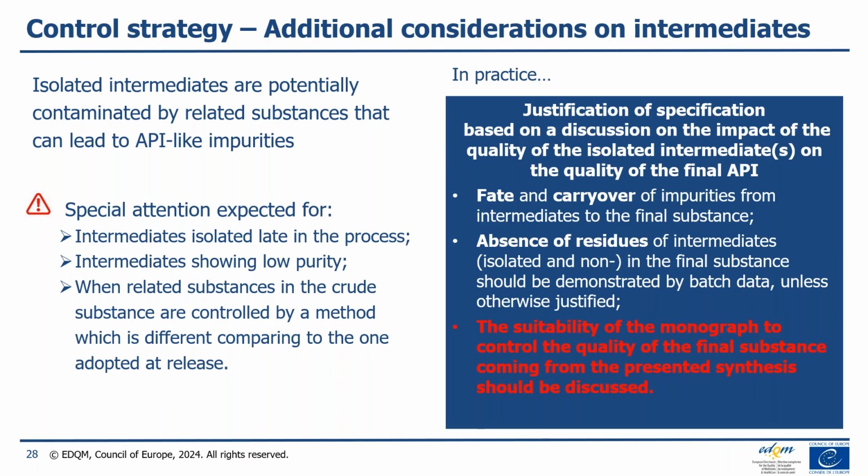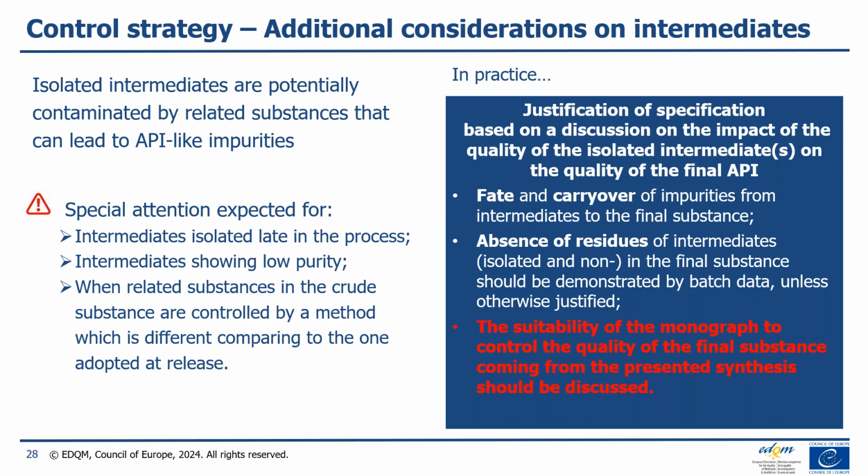In practice, justification of the specification based on a discussion of the impact of the quality of the isolated intermediate on the quality of the final API is expected, and should be based, as we discussed for the starting materials, on fate and carryover of the impurities from the intermediate to the final substance.